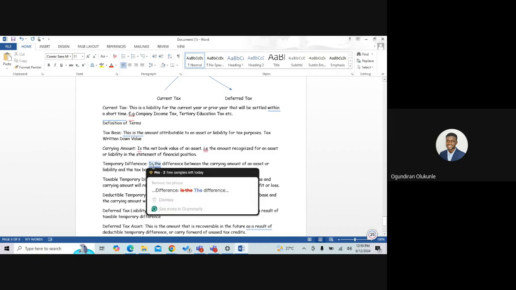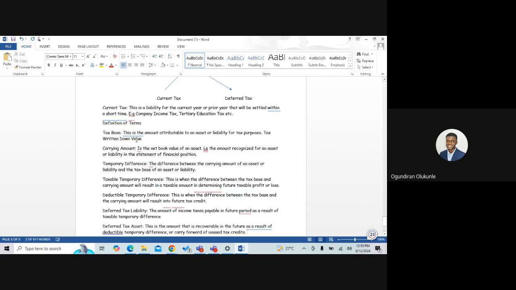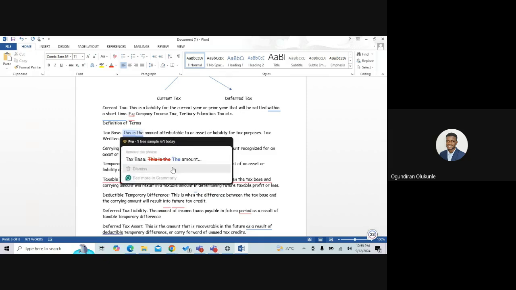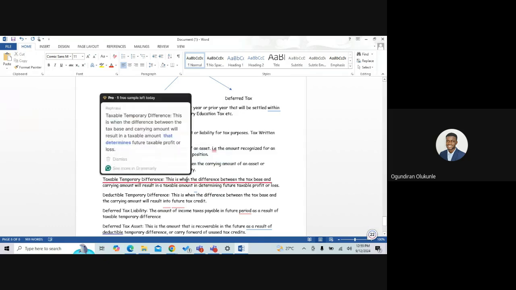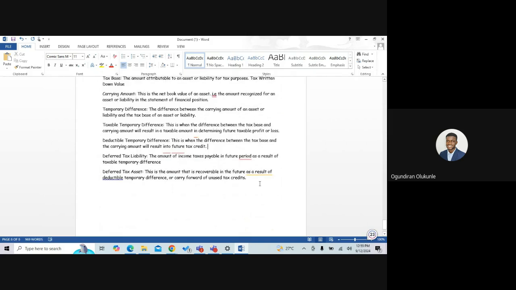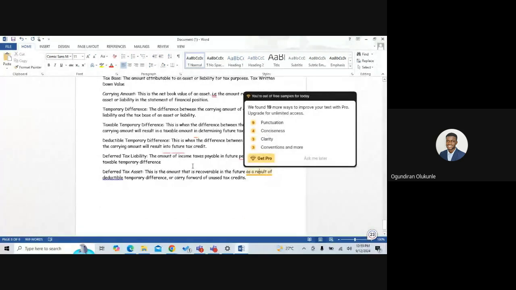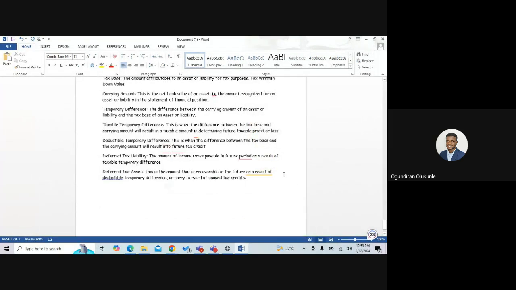So that's it about the whole idea of deferred tax. You understand? Do you understand the idea now, Abi? Yes, sir. All right, good. So now how do you get your deferred tax?